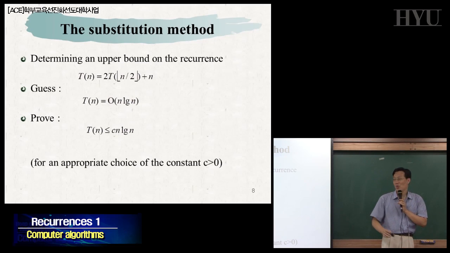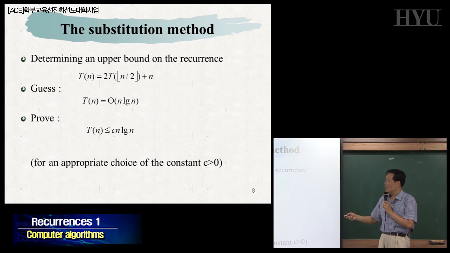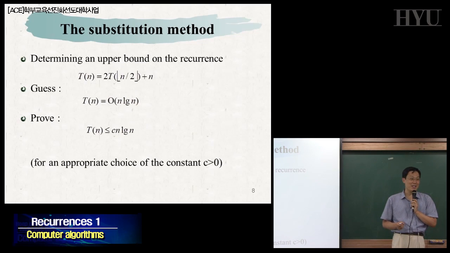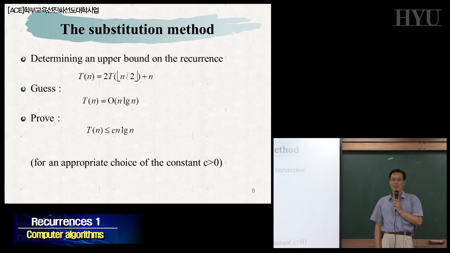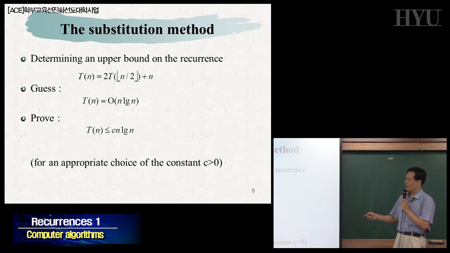So we can guess that the solution would be the same as that of the merge sort. So it would be big O of n log n. Then now let's prove this. Let's prove that T of n is big O of n log n.